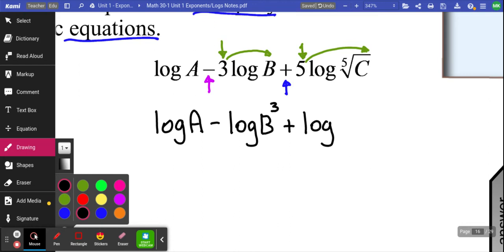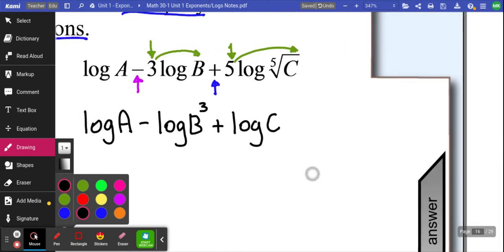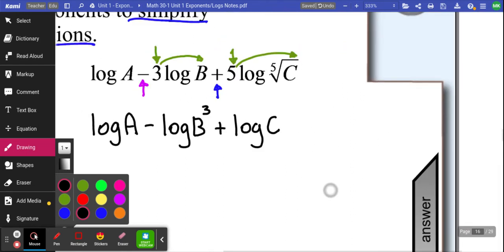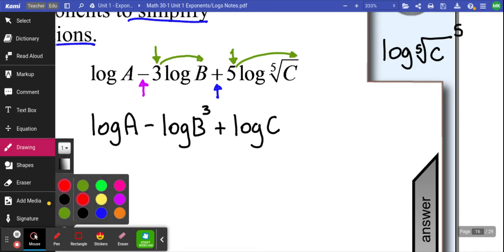If I had the fifth root to the power of 5, those things would cancel out, and I would just have C. I'll write that up here just so people know where I got that from. Fifth root to the power of 5, those things would cancel out, and I just have log of C. Wonderful. So I did my coefficient log law.